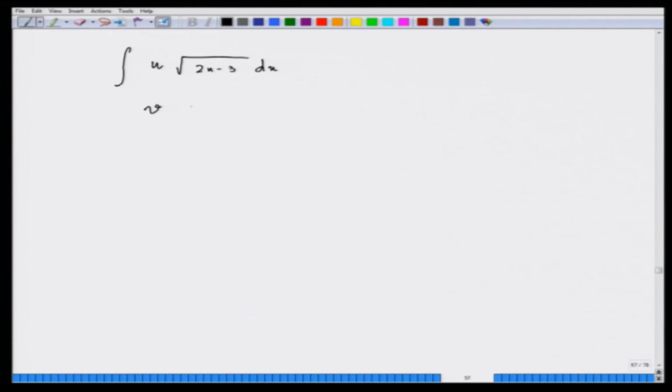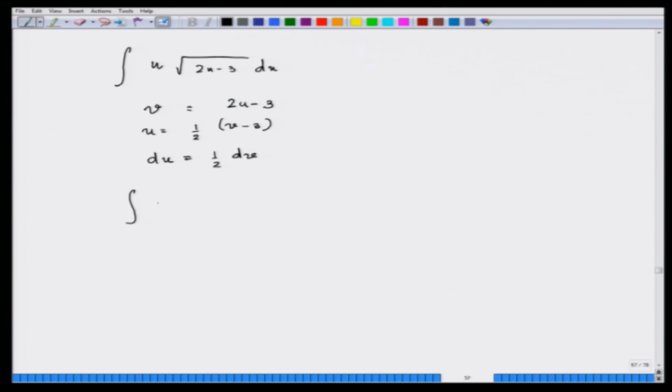So, v I should choose here as 2u minus 3. So, u would be equal to half of v minus 3. So, basically du would be equal to half of dv. So, you will replace du with half of dv, you will replace this with v and u with that.